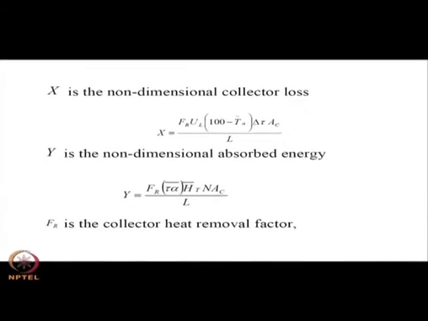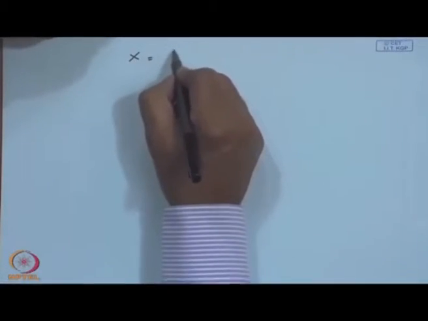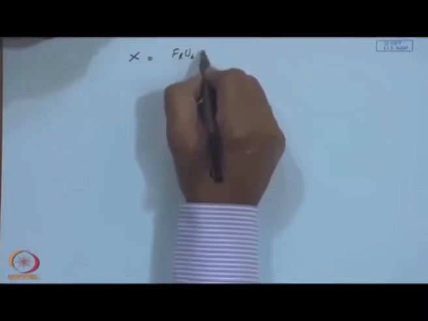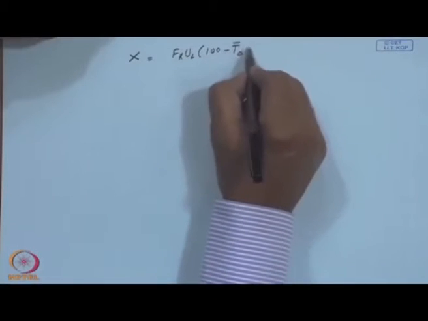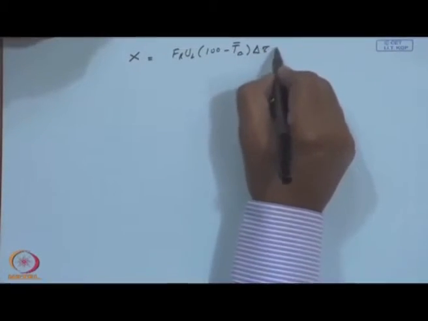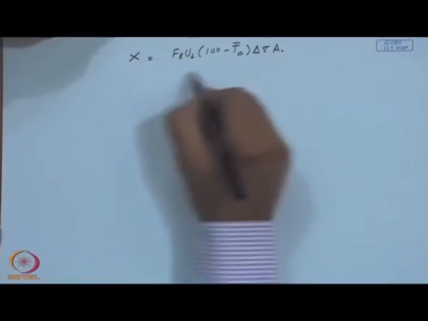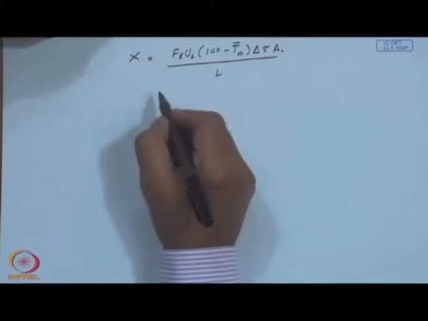So, we shall recall x and y are identically defined. The non-dimensional collector loss is FR UL times 100 minus the monthly average daily temperature T A bar, into delta tau, the number of seconds in the month, multiplied by the area of the collector, divided by the load.